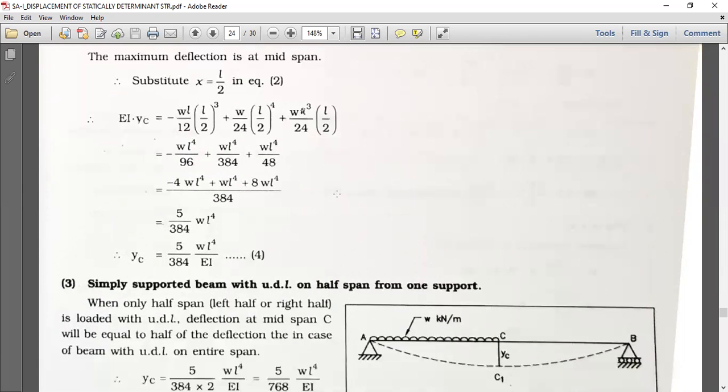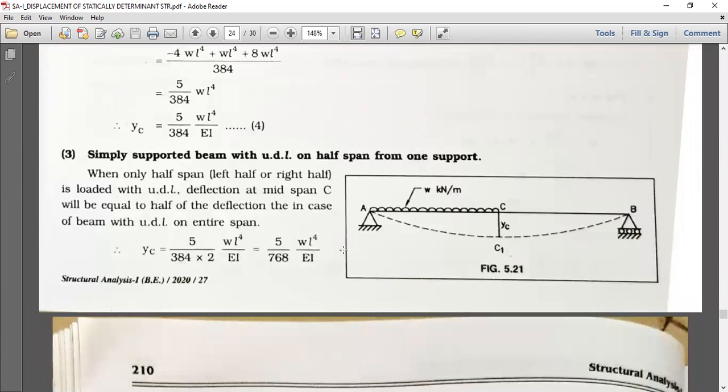Second method, in this case, a simply supported beam with a UDL up to half of the span. When only half span is loaded with UDL, deflection at midspan will be equal to half of the deflection in the case of the beam with UDL on the entire span.